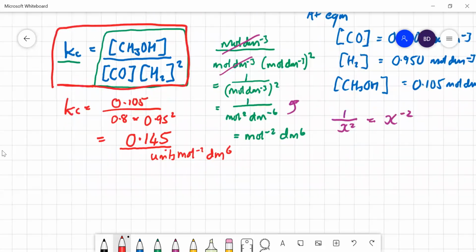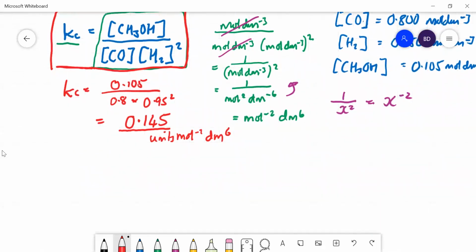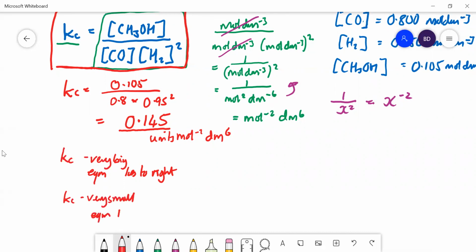And it's a good idea to have a look at Kc. If Kc is very big, that means the equilibrium lies to the right. In other words, you've got loads of product. If Kc is very small, then the equilibrium lies to the left. In other words, you've got mostly reactants and not much product at all.